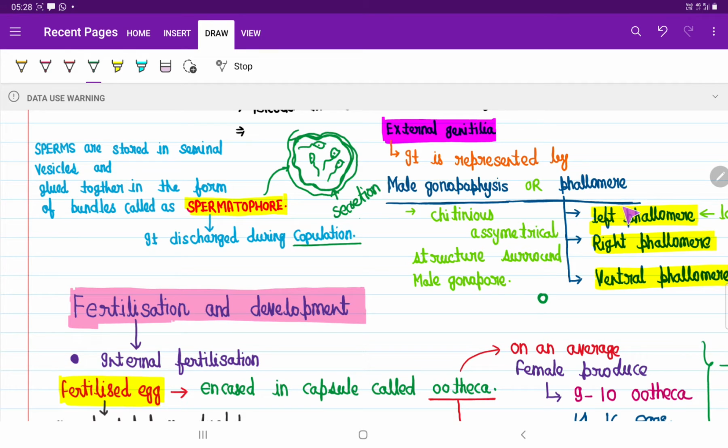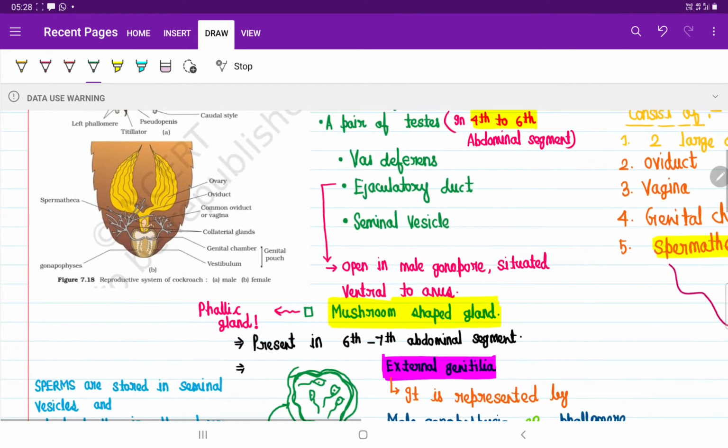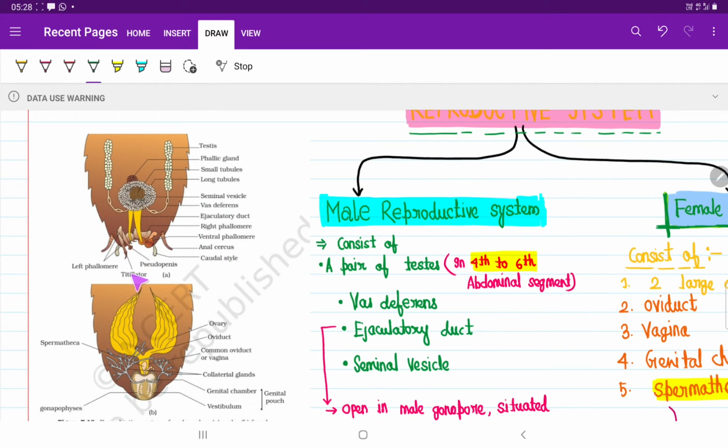It includes the left phallomere, right phallomere, and ventral phallomere. These are all chitinous plate-like structures. The left phallomere is the largest one. They help in alignment of male and female genitalia during copulation. The left phallomere has structures called titillator and pseudopenis.